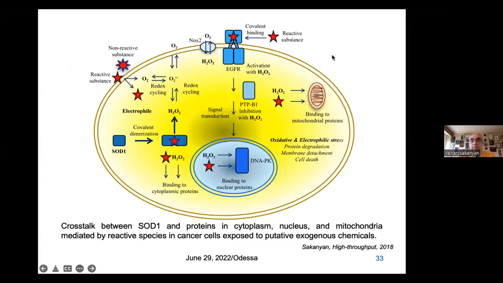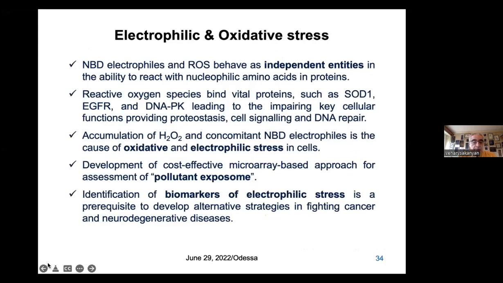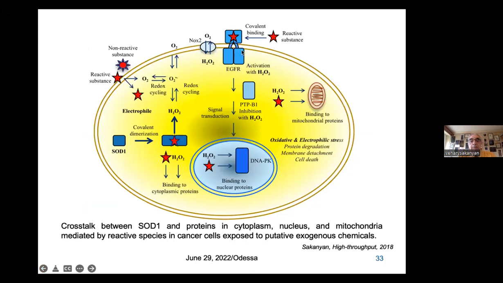Here is a general view of the processes. Sorry, can you go back? So, by the action of the embedded compound, which should go through the membrane. If they are non-lipophilic, they cannot go through the membrane.